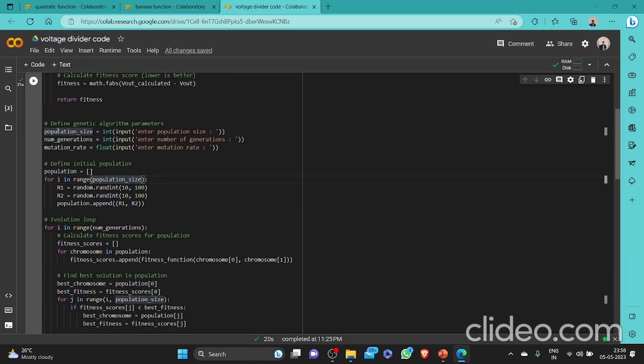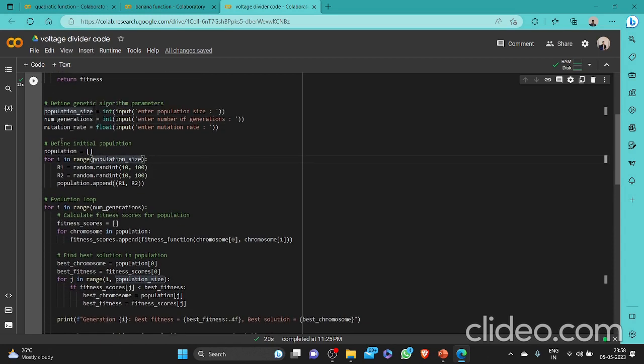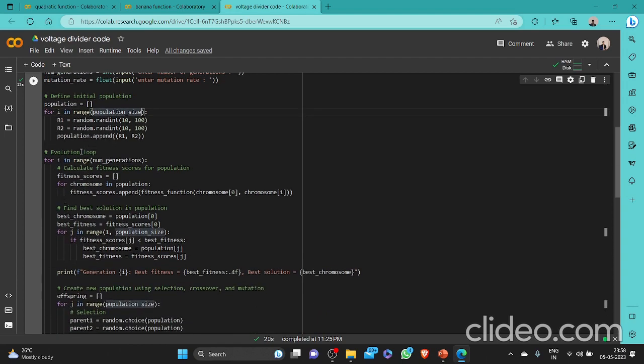Here we will define genetic parameters like population size, number of generations, and mutation rate. After that, we will initialize population and the evolution loop.